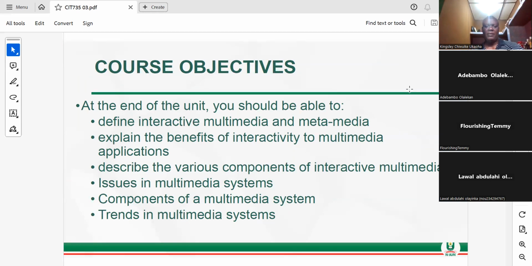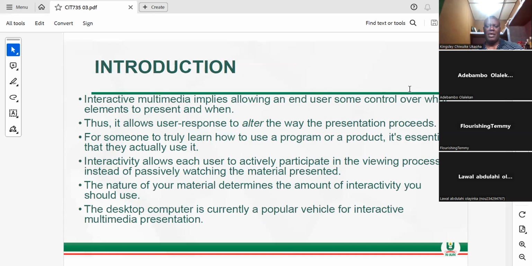We should also be able to explain the benefits of interactivity to multimedia applications. Then 3, describe the various components of interactive multimedia. 4, understand the issues in multimedia systems. 5, give the components of a multimedia system. And 6, explain the trends in multimedia system.